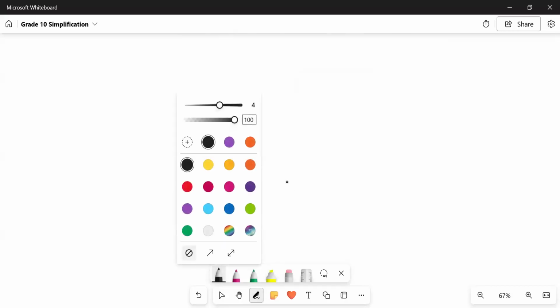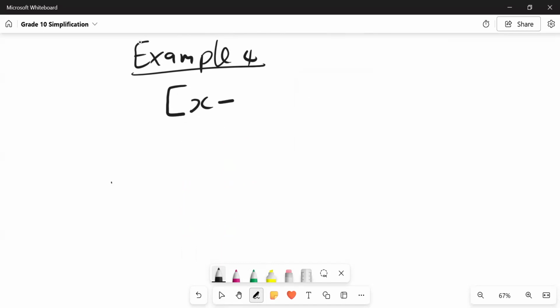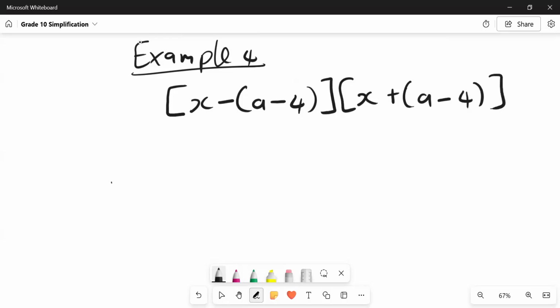What happens now if they give you something like this? Square bracket, x minus a minus 4, close bracket, x plus, again now they're giving us a minus 4, close bracket.